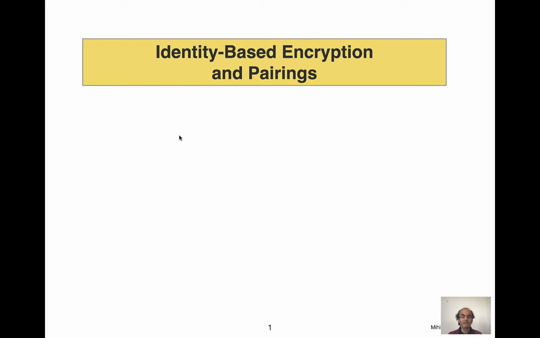We've seen two settings for cryptography, the symmetric setting and the asymmetric or public key setting. And each of those requires something with regard to the keys that parties need to have to be able to engage in the cryptography.